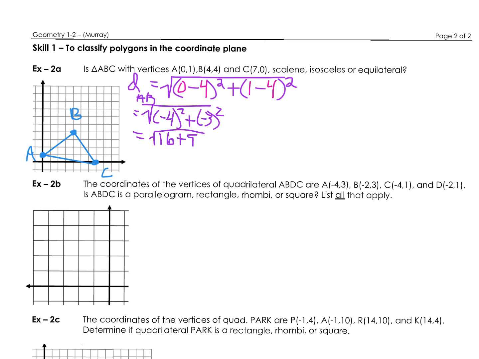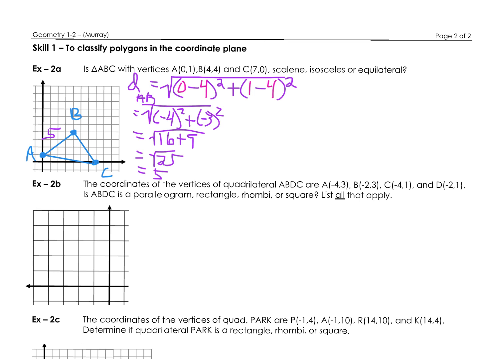Negative 3 squared is 9. That equals the square root of 25, which is indeed 5. So I'm going to actually put on my picture between A and B that has a distance of 5.